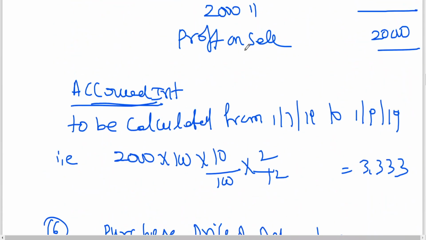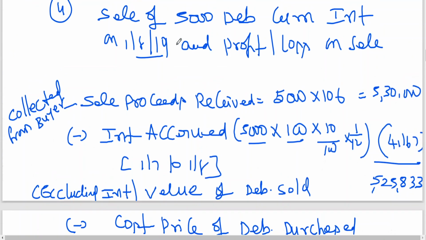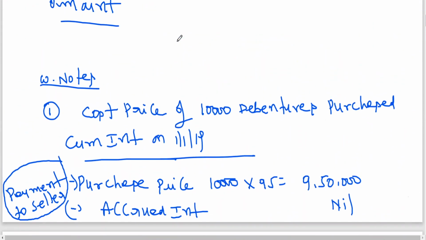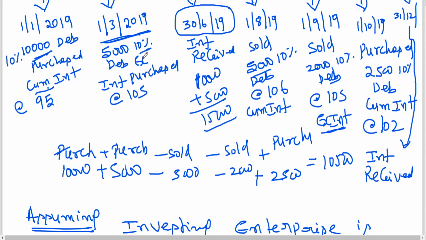10,000 purchase, 5,000 purchase. Sold 5,000, correct. Sold 2,000, correct. Purchase 2,500.